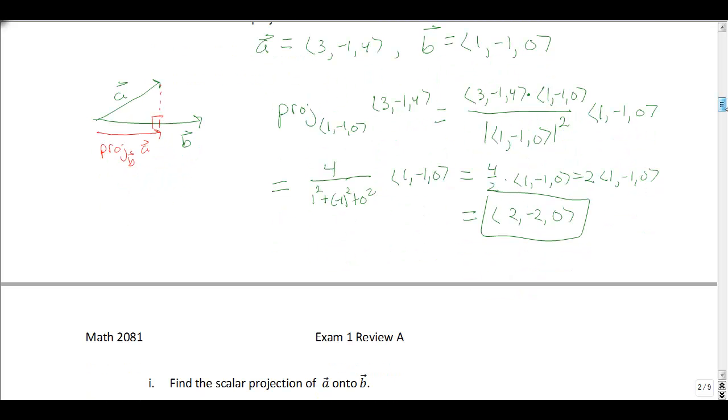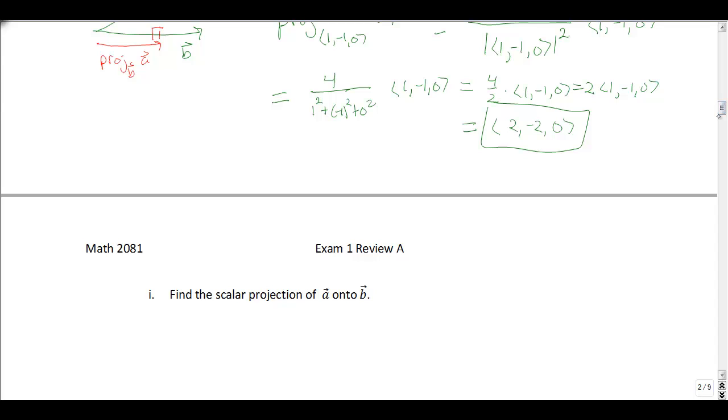Let's find the scalar projection of A onto B. So the scalar projection, all this is when it's scalar projection, is it's really the magnitude of the projection of A onto B. So you could, given that we have the vector projection, just take the magnitude of that vector. That would be fine.